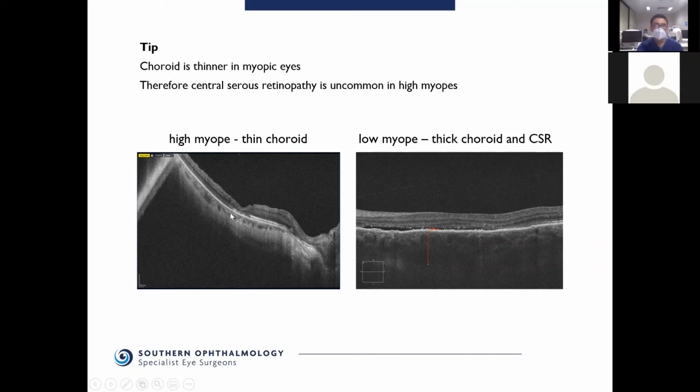There's this darkish layer, lots of vessels in it. That's the choroid, and it's pretty thin. On the right, you have a low myope with conversely a very thickened choroid, and this patient has active CSR leakage. You can see some subretinal fluid here, that black puddle of fluid under the retina. So if you're making a diagnosis of CSR in a high myope, then think again.